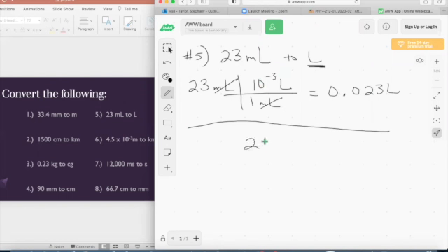If we got 23 right here, we're going to go over to the left 1, 2, 3 decimal places. So that's how we get the 0.023 liters.